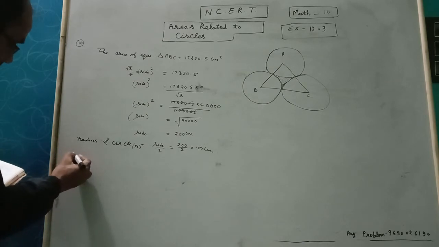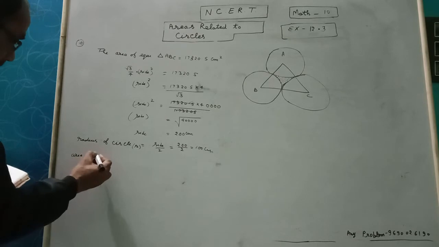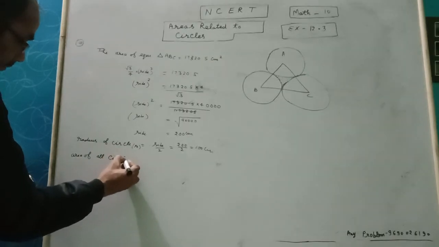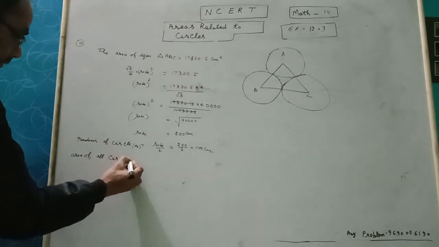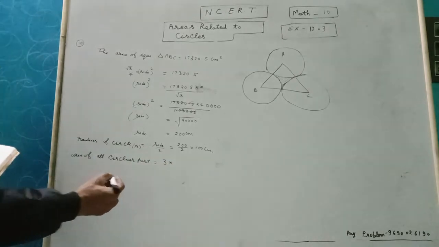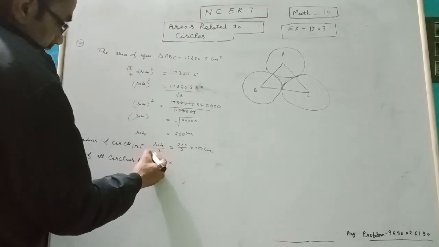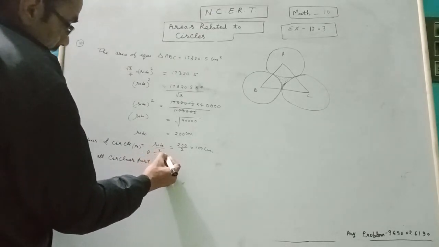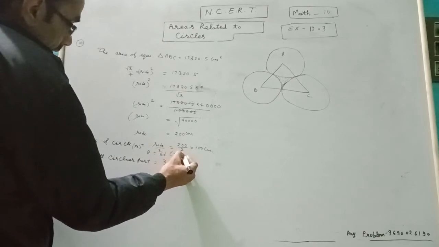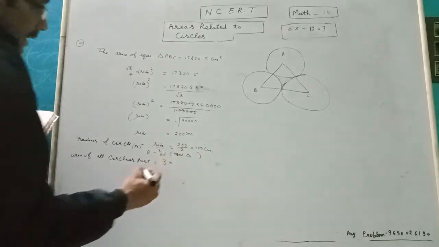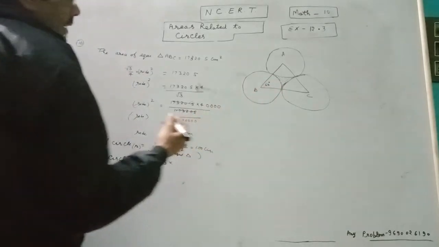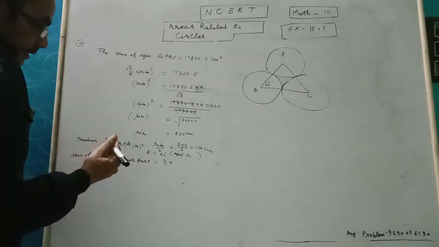Area of all circular parts, the 3 equal parts: theta will be 60, since in an equilateral triangle each angle is 60 degrees.